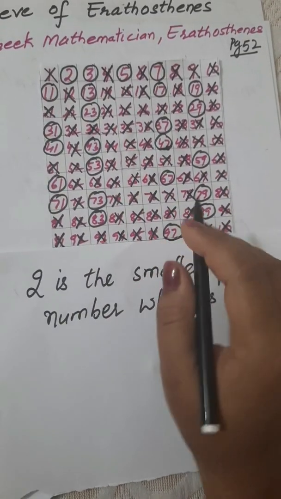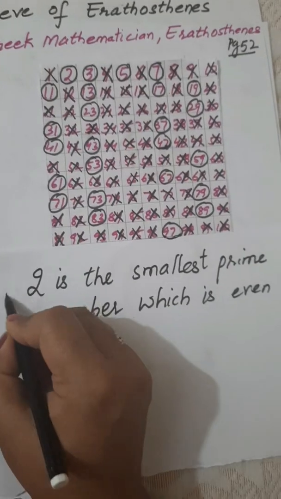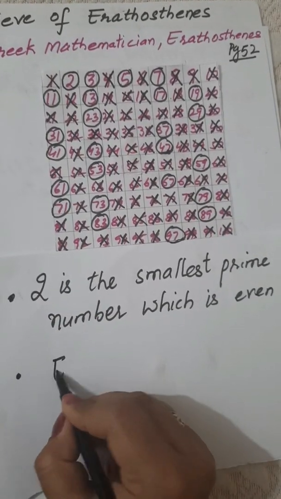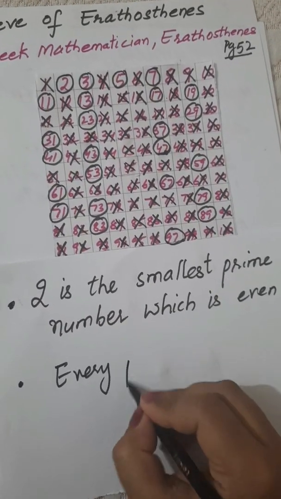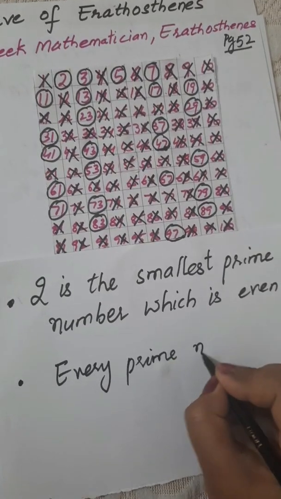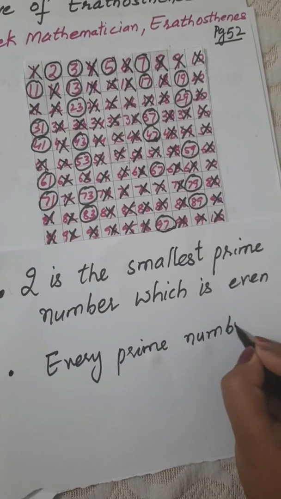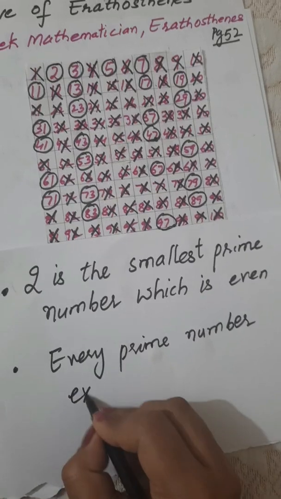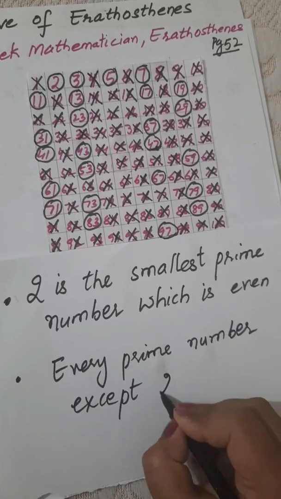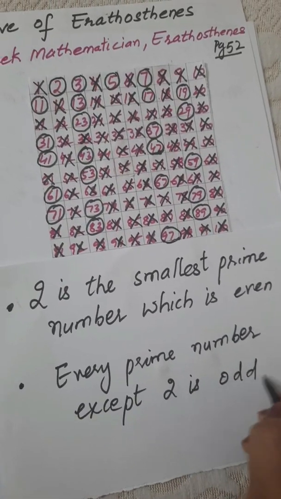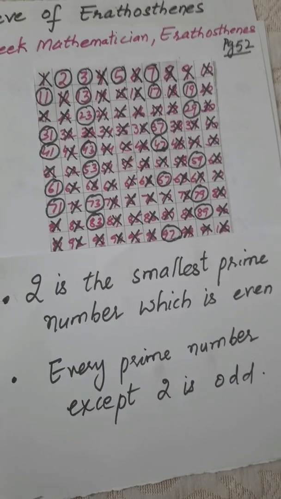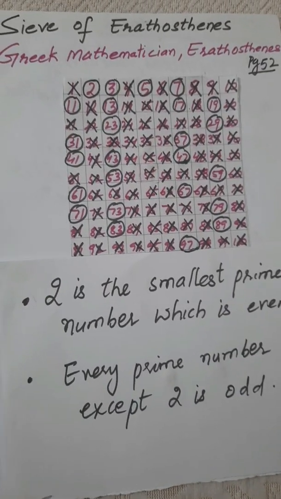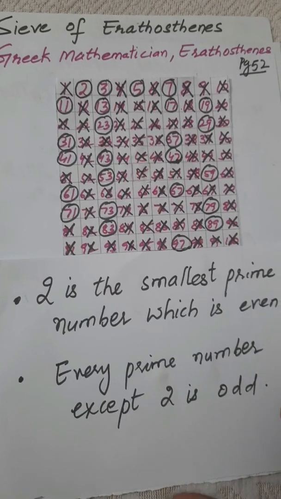So we can say every prime number except 2 is an odd number. So this is all about prime numbers, composite numbers, and co-prime numbers.